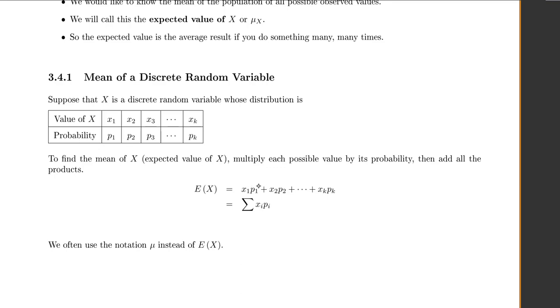So we'll do x1 times its probability plus x2 times its probability. Notice this sigma sign, the sign for a sum in mathematics. It says just add up each x times its probability. This is the expected value of x. Sometimes we'll just use mu instead to tell us it's the expected value.